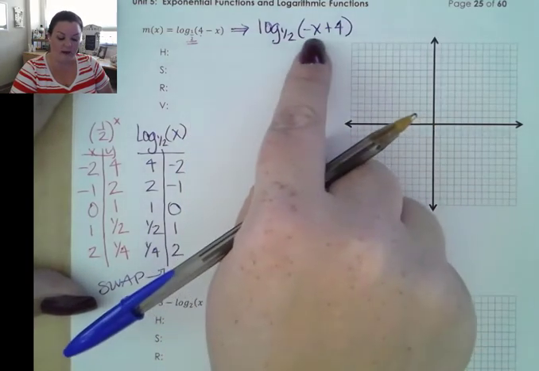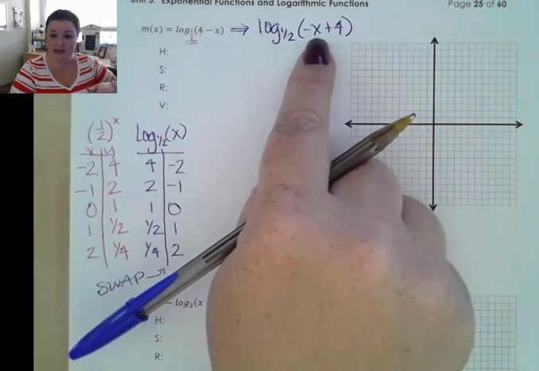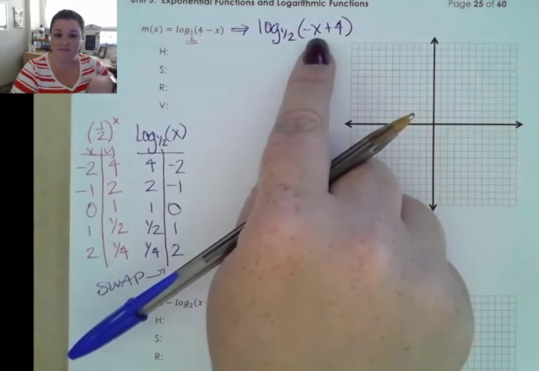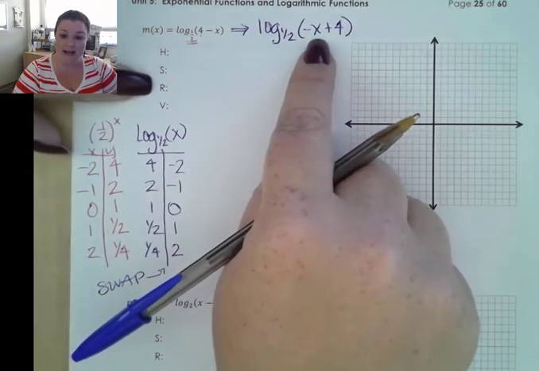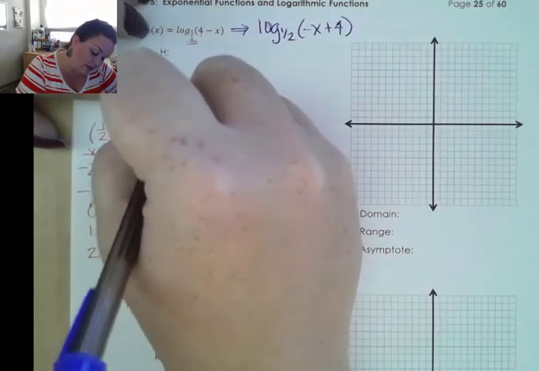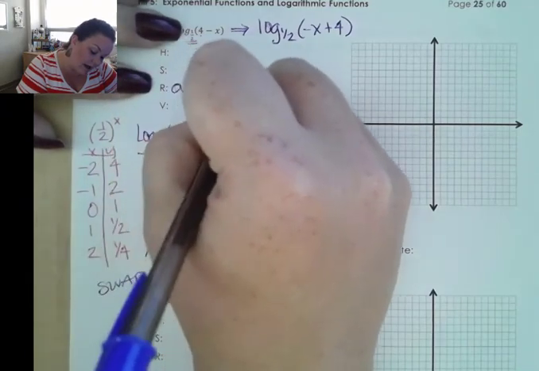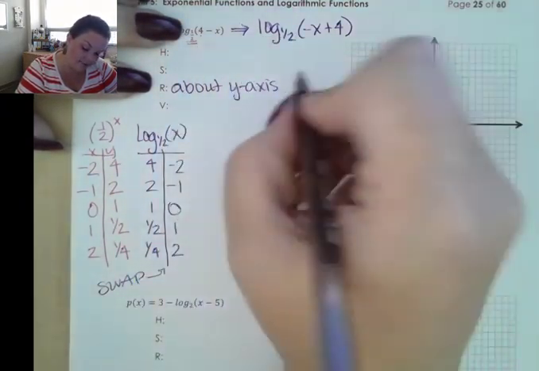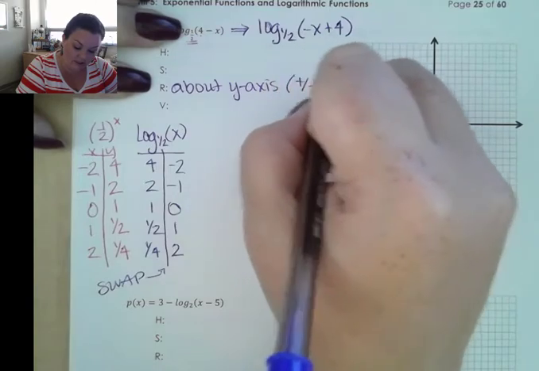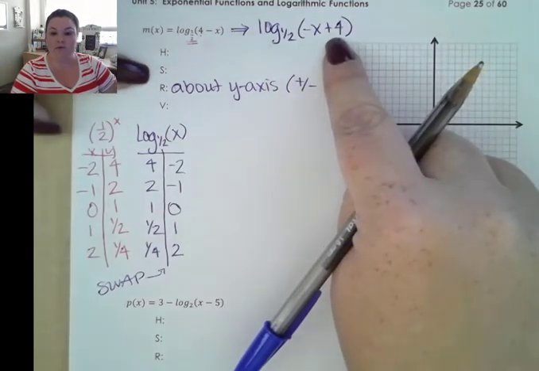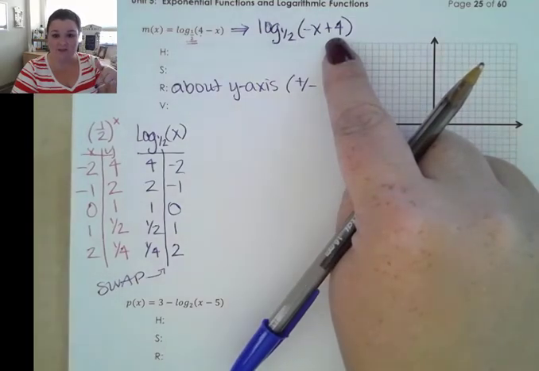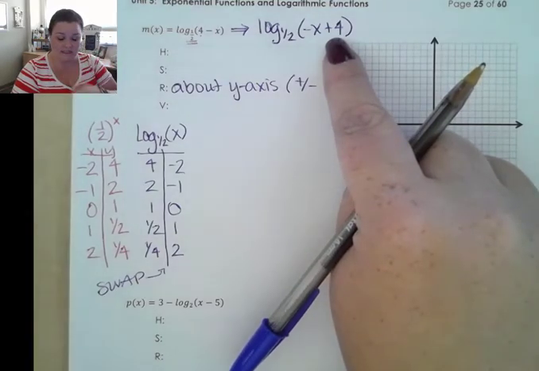Either way, the negative in front of the x changes the sign of the x's. That's a reflection. So if we're changing the sign of our x's, that's going to reflect it about the y-axis. Then our plus 4 is also still inside the log, because it's inside those parentheses.